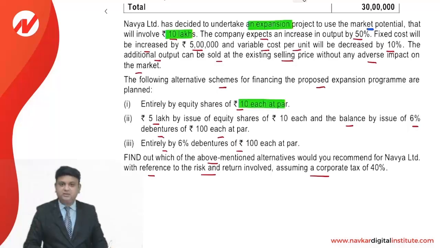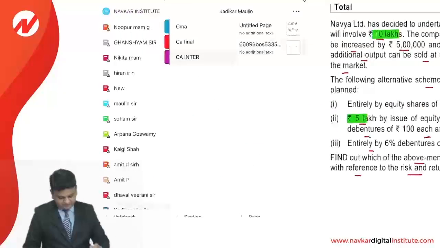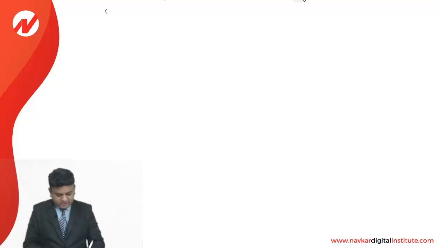Issue price is 10. So in this situation, we will issue an additional 1 lakh shares. In the second case, rupees 5 lakhs by issue of equity shares of 10 and the remaining by way of debentures. So I am preparing working note number 1 over here.